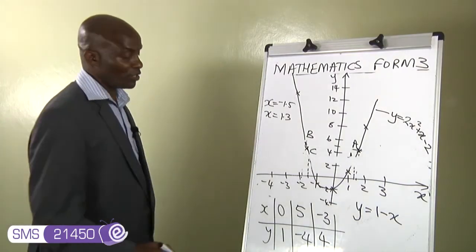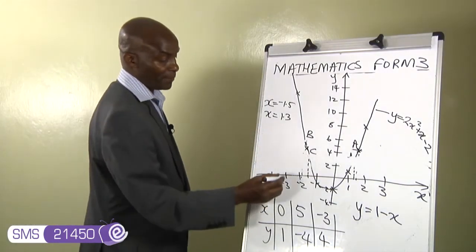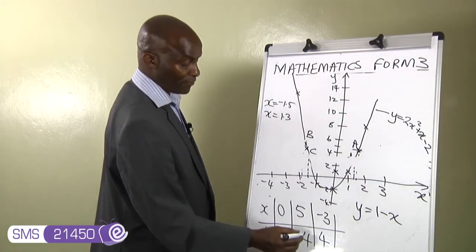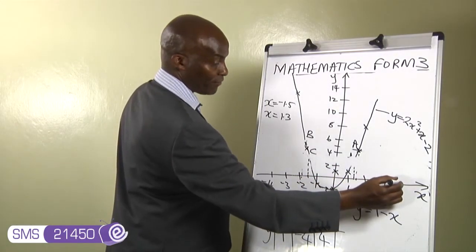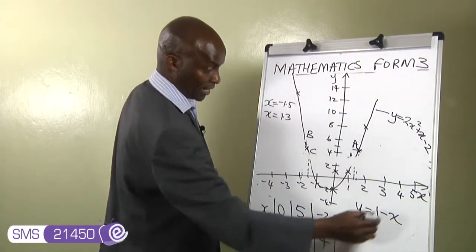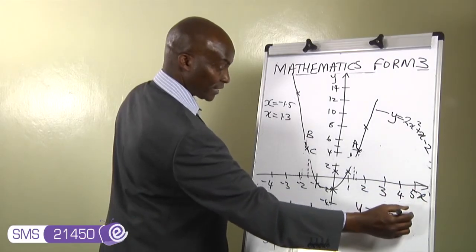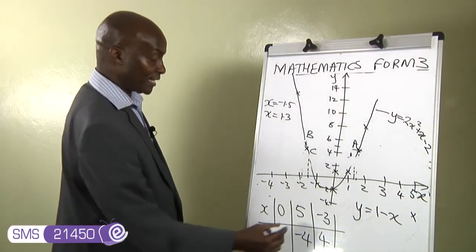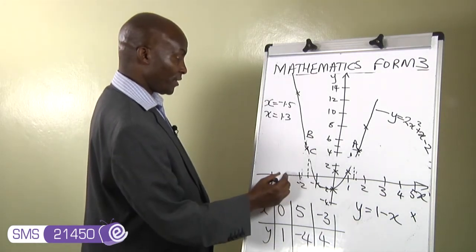So we can now plot those points: 0, 1, then 5, negative 4, and then negative 3, 4.